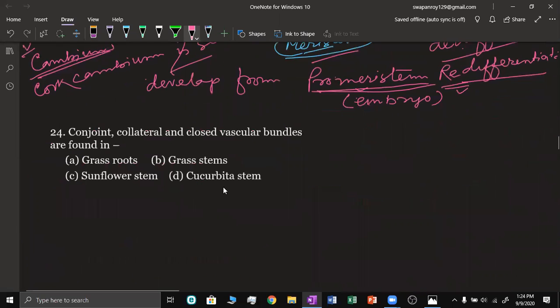Come to the next question. This next question is: conjoint, collateral, and closed vascular bundles are found in the dicot and monocot.